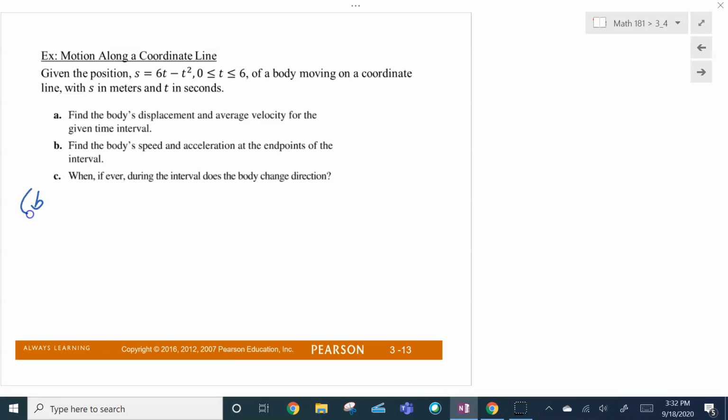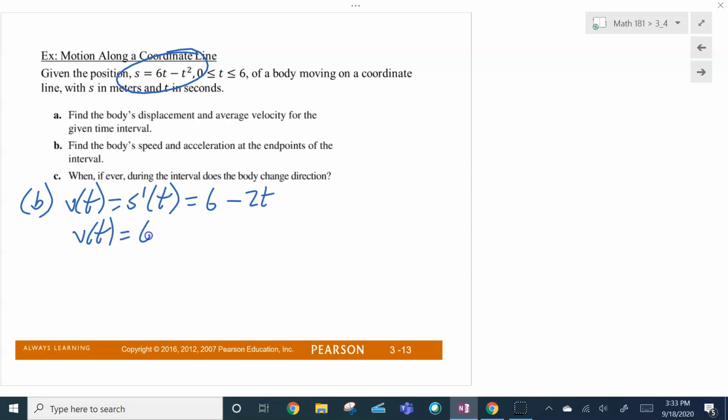So what I'm going to do first is find the velocity, which is the derivative of position. Now here's our position, right? So we know the derivative of 6t is just 6. Derivative of negative t squared, the negative stays there in front, and then I take the derivative of t squared, 2t to the 1. So our velocity is 6 minus 2t. Okay.